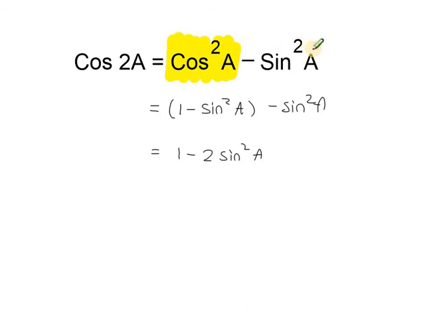Now, we get 2 further identities here, because we know that cos squared A can be written as 1 minus sine squared A, which then simplifies to 1 minus 2 lots of sine squared A. So cos 2A is equal to 1 minus 2 sine squared A.